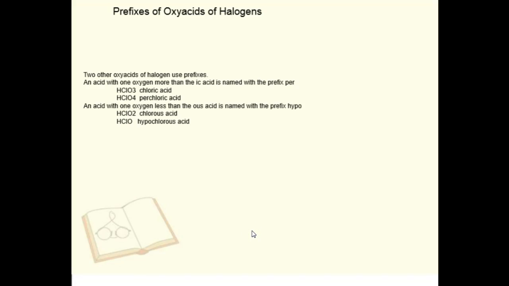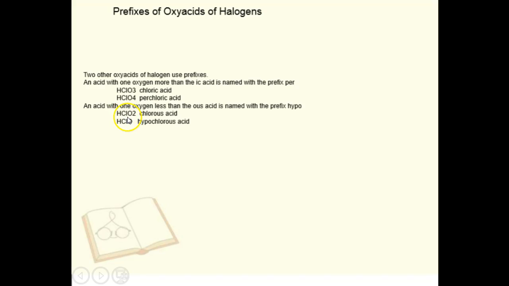Okay, so there are some other oxyacids of halogens that use prefixes that we talked about. When we have one oxygen more than the ic, the acid is named with the prefix per. So here's chloric acid, and notice that this has one more oxygen, so we're going to call this perchloric acid.